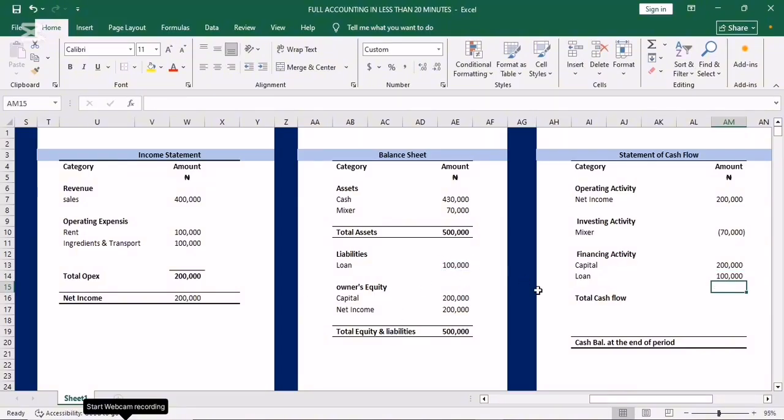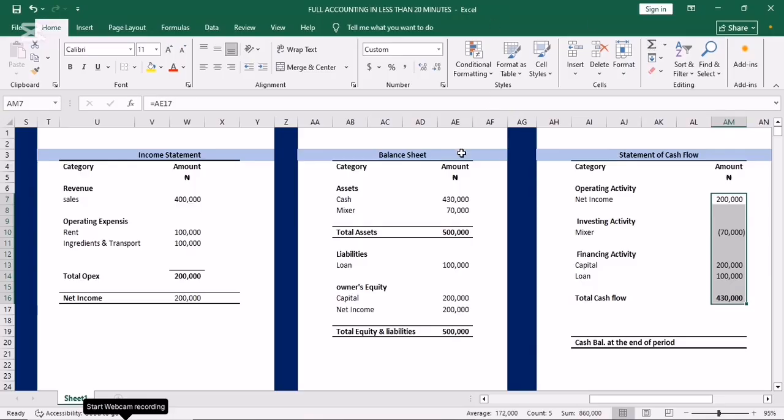So now let's see the total and see the implication of the cash inflow and cash outflow, so that we know what we're supposed to have at the end of the period. So we'll drag it to the point we need our summation to be. Then we hit on the summation sign. Yeah, we have 430,000 at the end of the period for the cash activity, and it's 430k.